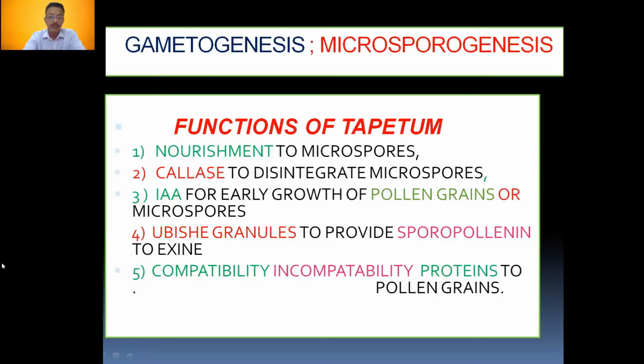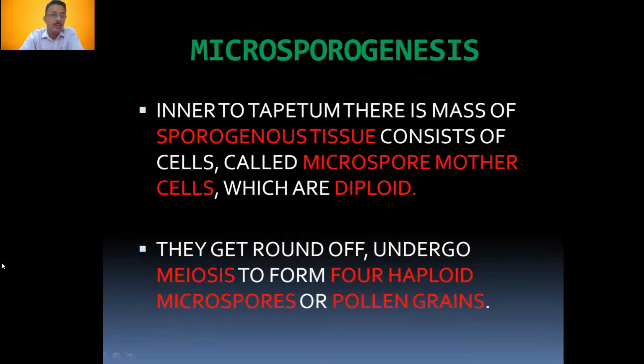Now we'll discuss microsporogenesis, that is, the formation of microspores from microspore mother cells. Inner to the tapetum layer, there is a mass of sporogenous tissue consisting of cells called microspore mother cells, which are diploid in their genetic makeup.